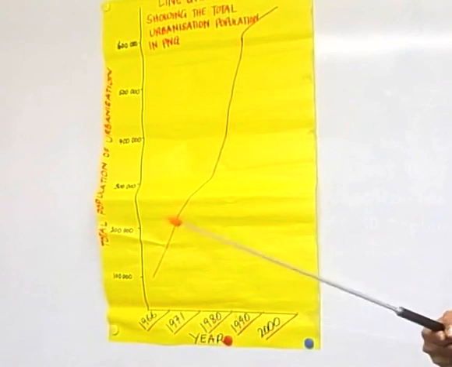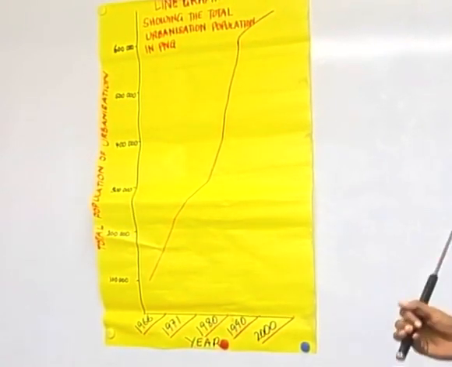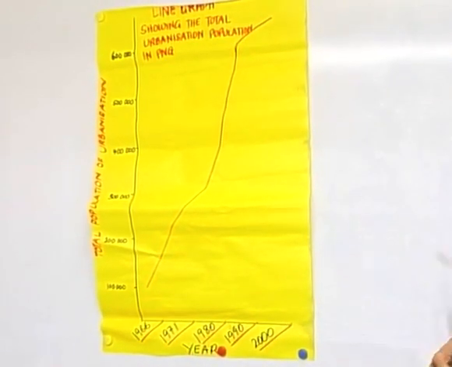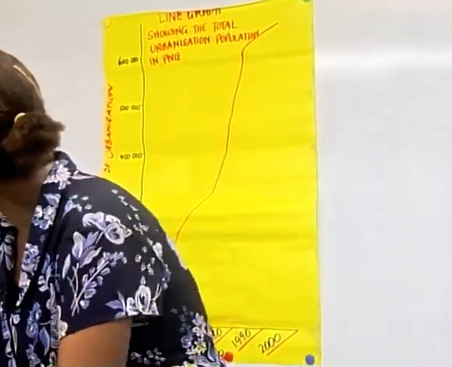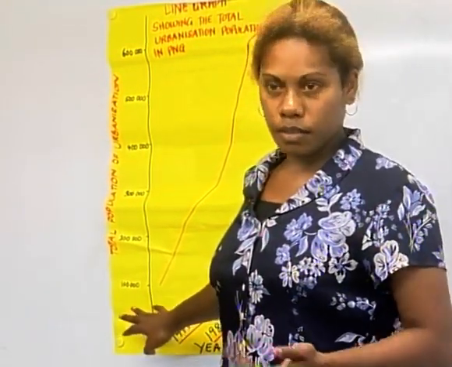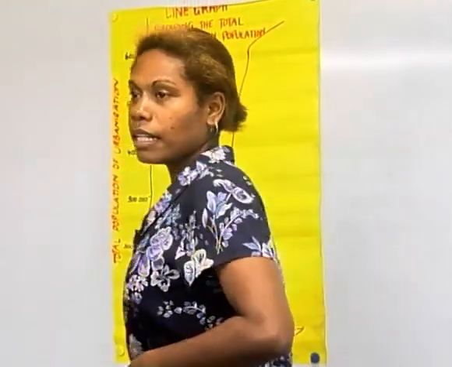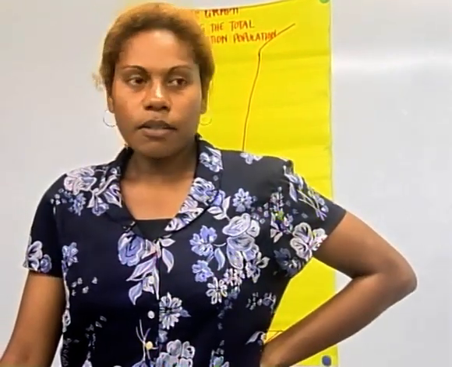So you were supposed to construct a simple line graph using this data. I don't know, 8Cs, how many of you completed your line graphs? Hands up, those of you who did construct a line graph. Anyone? Okay, good. Hands down.